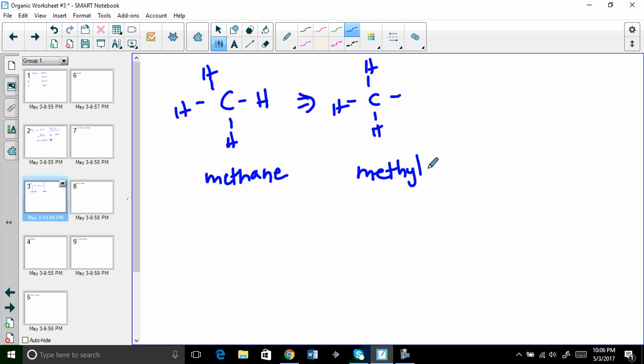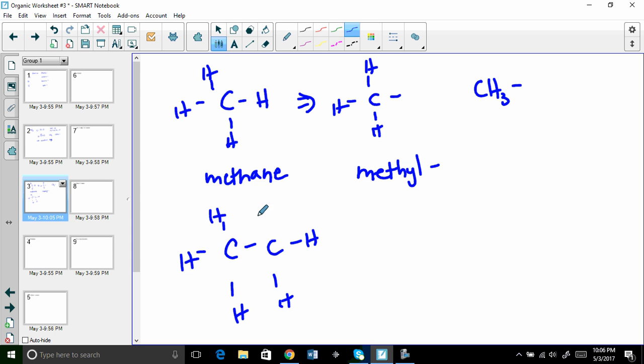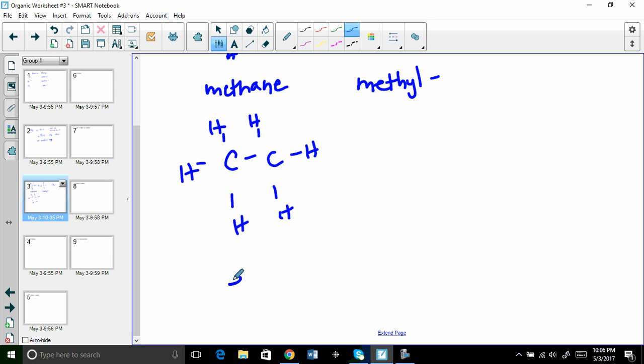Methane becomes methyl. And this is sometimes written like this. And then ethane is this, because eth means 2. And this is called ethane.